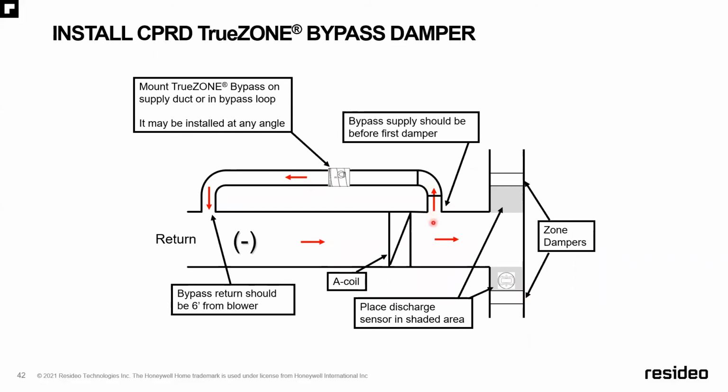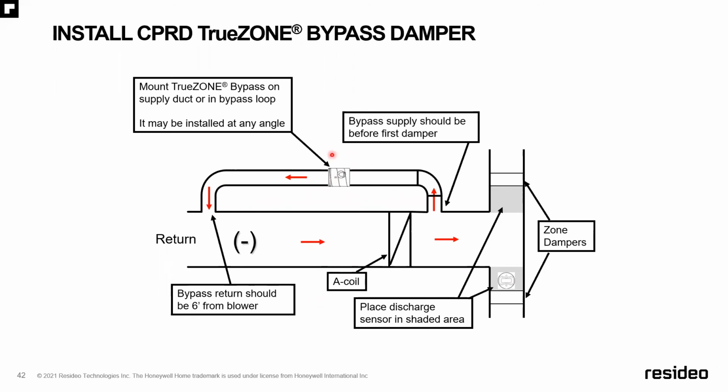Basically, when some of the smaller zones are calling, we've got to do something with that excess air, and this is where a bypass damper comes into play. It's got an arrow on there so that we can get it pointed in the right direction toward the return side of the system.